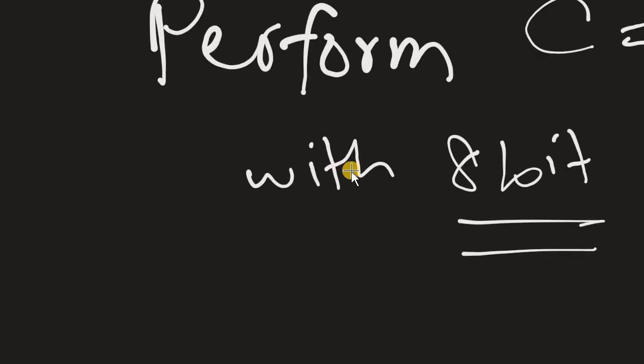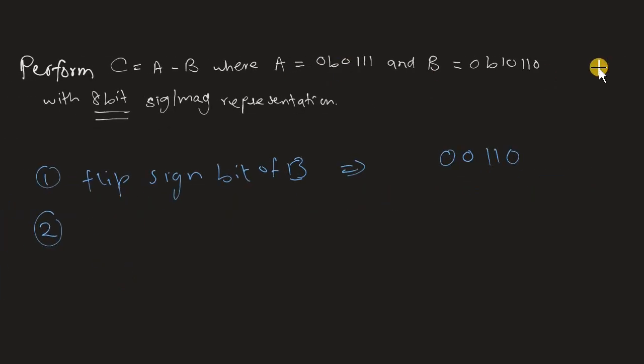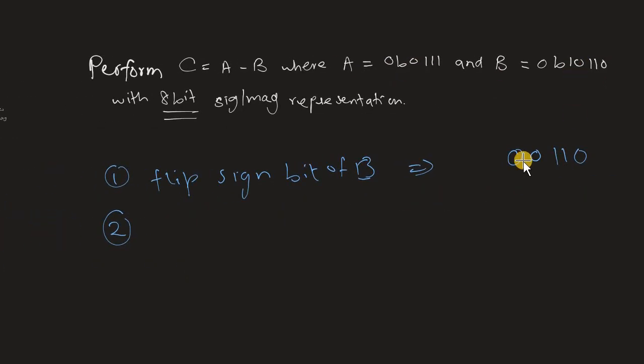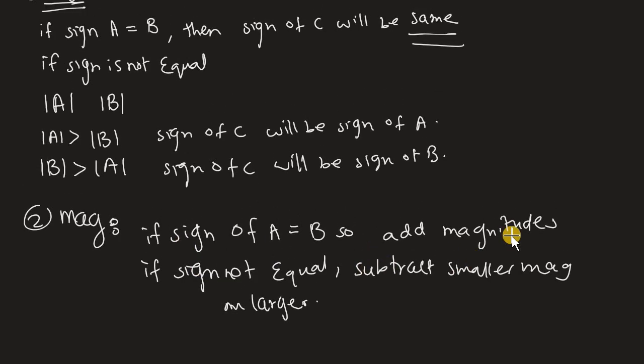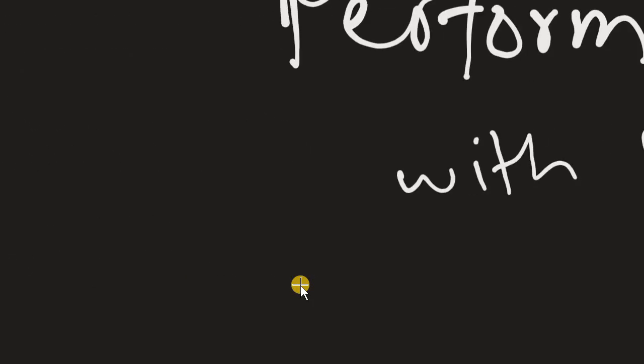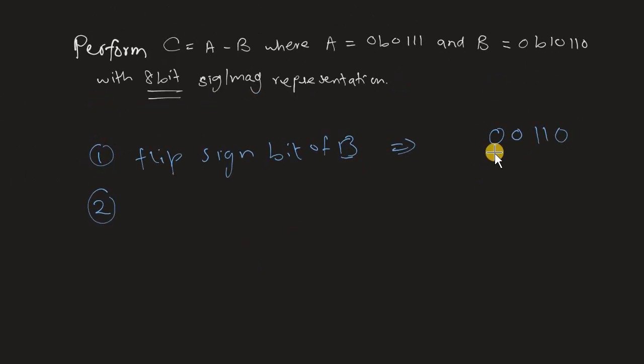So here, since this was 0 and this one is 0 as well, I mean when we flip the sign bit, it's 0 as well, so both of them happen to have the same sign, right? So when they both have the same sign, what do we do? So for the magnitude, if they have the same sign, we simply add the magnitudes, right? When we do not have the same sign, we subtract, okay. So what you're simply doing over here is you're going to add these numbers, okay.